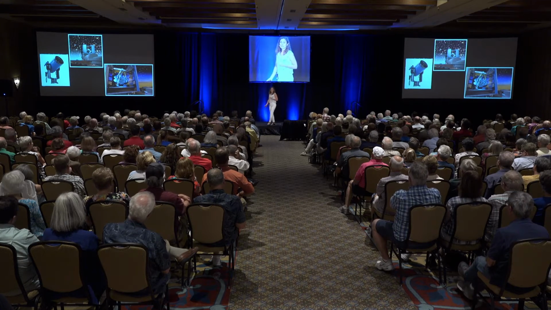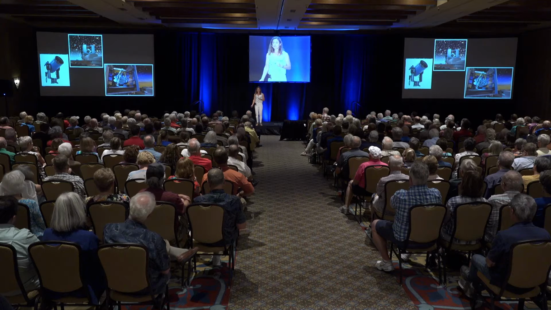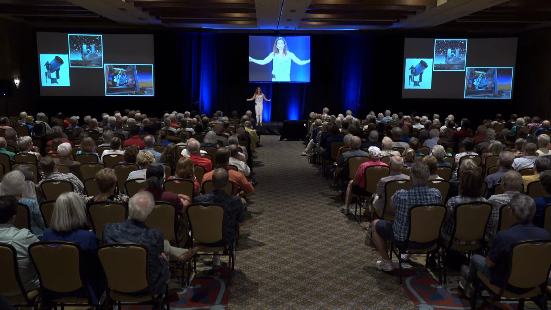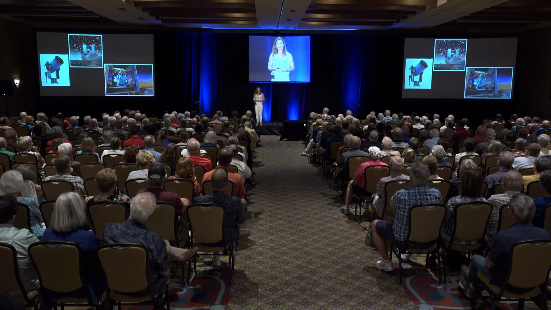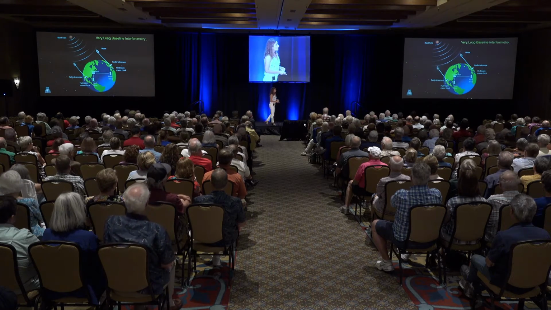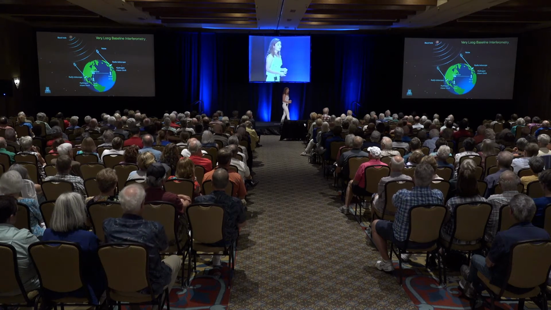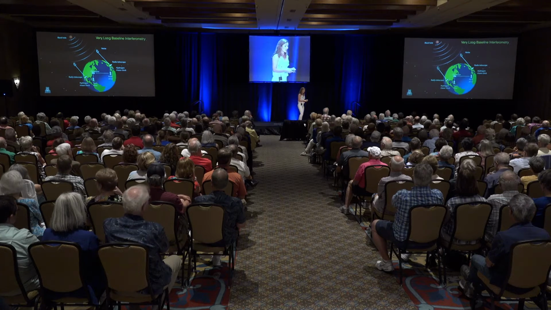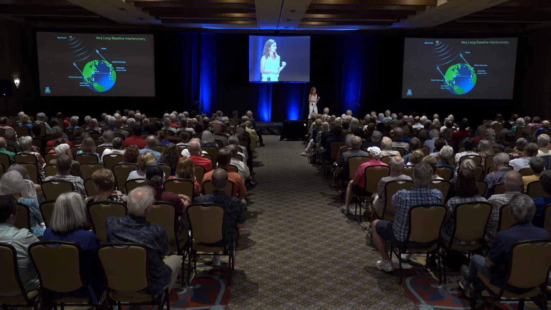So, just like LSST, we went to the NSF and we said, could you give us money to build an Earth-sized telescope? And they said no. But the good news is that we are actually kind of smart and we can sometimes outsmart nature.